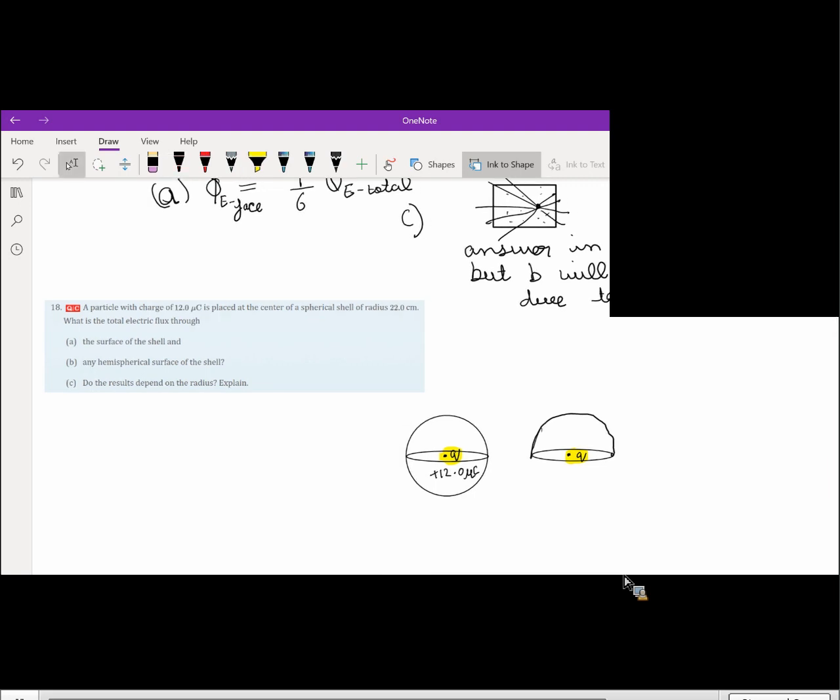So, as you encountered in the earlier problem, first let's look at the given part of it. That's how you deal with the questions always. Always write down the given part, okay? Given part is charge is enclosed in the spherical surface.